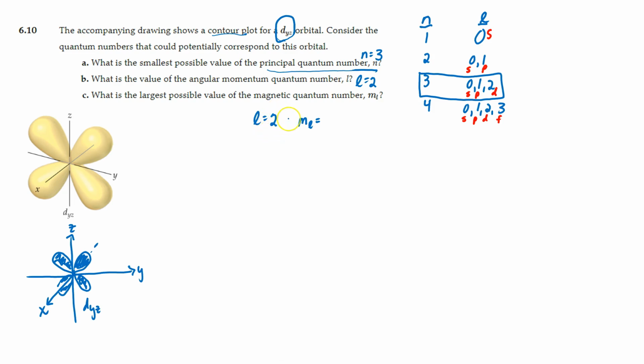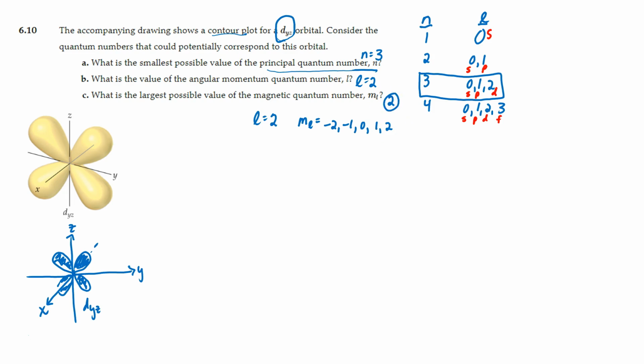So if l is 2, m sub l goes from -2, -1, 0, 1, and 2. So the largest possible value of the magnetic quantum number then is 2. That would be the answer there.